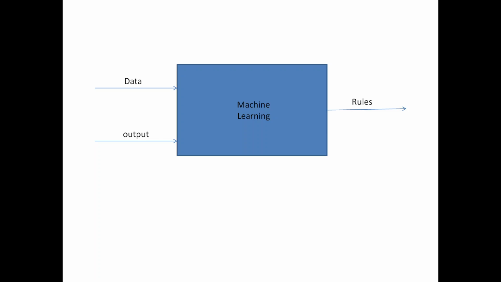So this is how machine learning is different from traditional programming. In traditional programming we provide data or input and rules and we get the output, but in machine learning we provide data and output, and then through this we generate a set of rules.